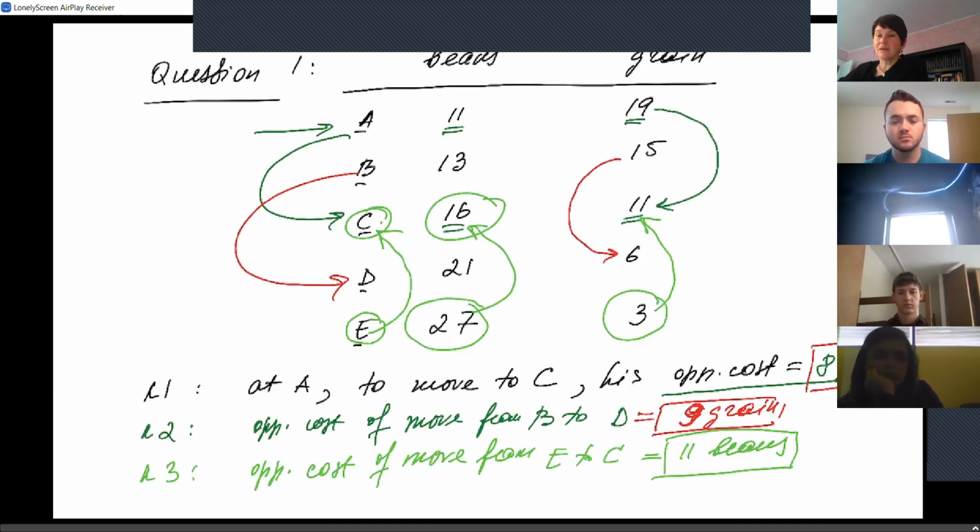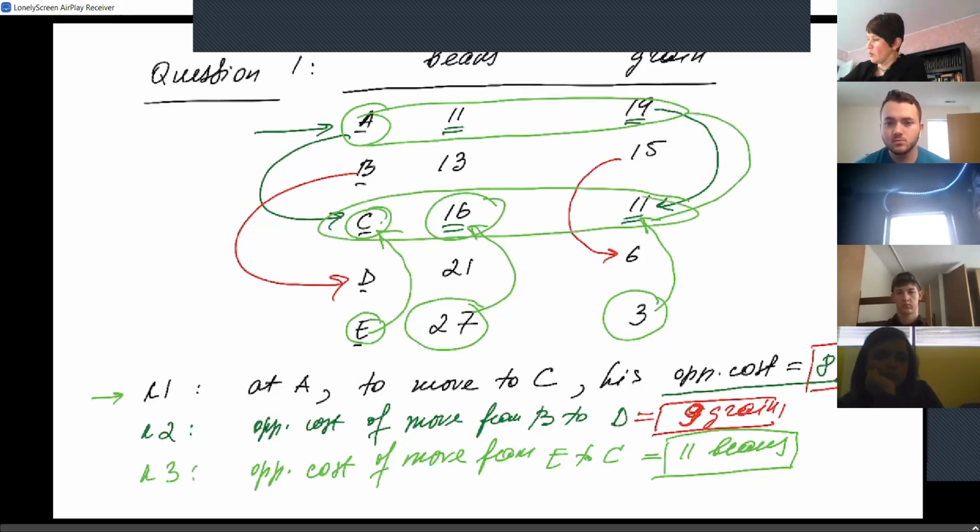How did you get 8 grains? Okay. You're looking at the first question, as we move from A to C. Let me go back to the black one. At A, you have 11 units of beans and 19 of grains. At C, you have 16 units of beans and 11 of grains. You're looking at these 2 goods to see which one you're losing on.